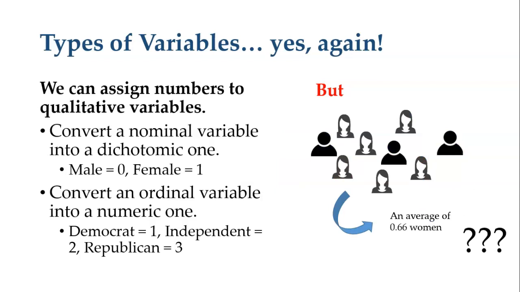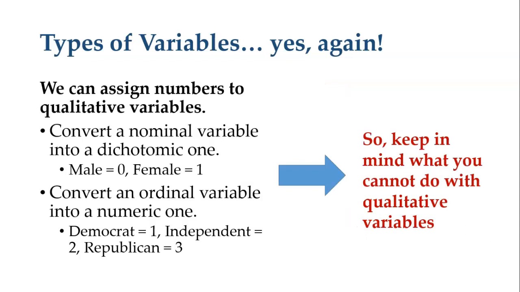Similarly, if we have a group of 6 women and 3 men, we cannot say that the average of this group is 0.6 women. It doesn't make any sense. So the key lesson here is to be careful and have present in your mind the limitations of nominal and ordinal kind of data.